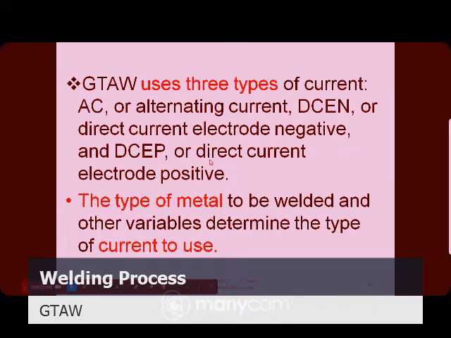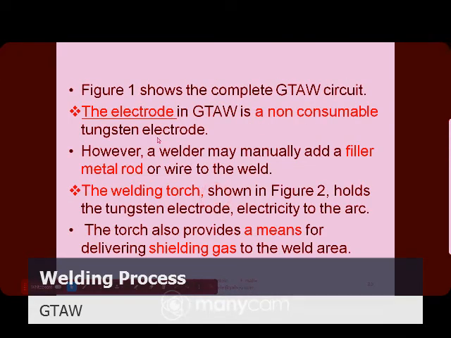The type of metal to be welded and other variables determine the type of current. So you must first identify the properties of the materials to be welded before selecting DC electrode negative, DC electrode positive, or AC.